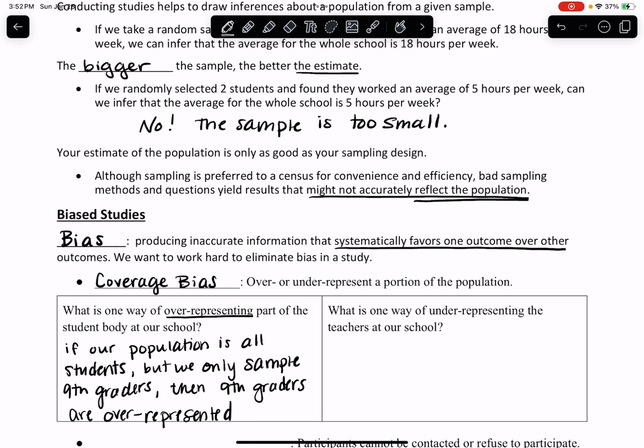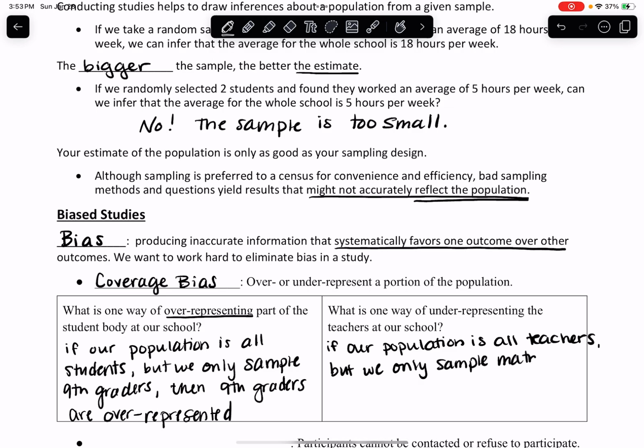Similarly, if we're looking at an example of underrepresenting teachers, if our population is all teachers, but we only sample math teachers, then other subject area teachers are underrepresented.